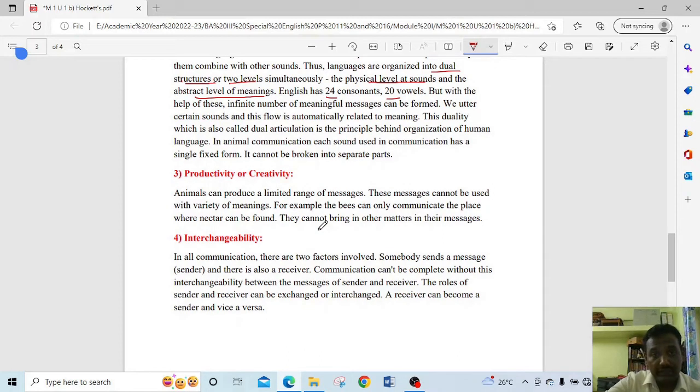Now, what is productivity or creativity? It means that animals can produce a limited range of messages, but these messages also cannot be used with a variety of meanings. For example, the sickle dance or the wagtail dance of the bee cannot be used to give different messages. They have the same message, and since their evolution as bees, they have been using that signal to communicate the same message.